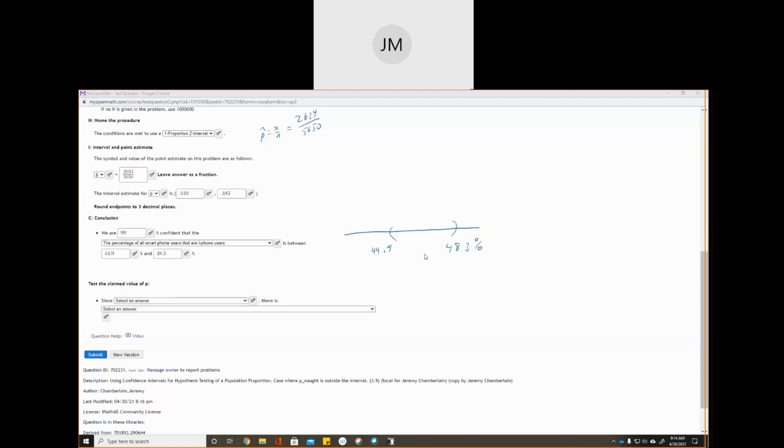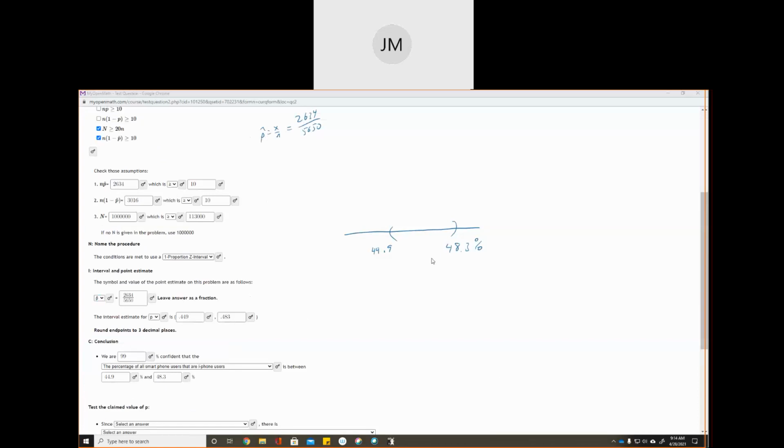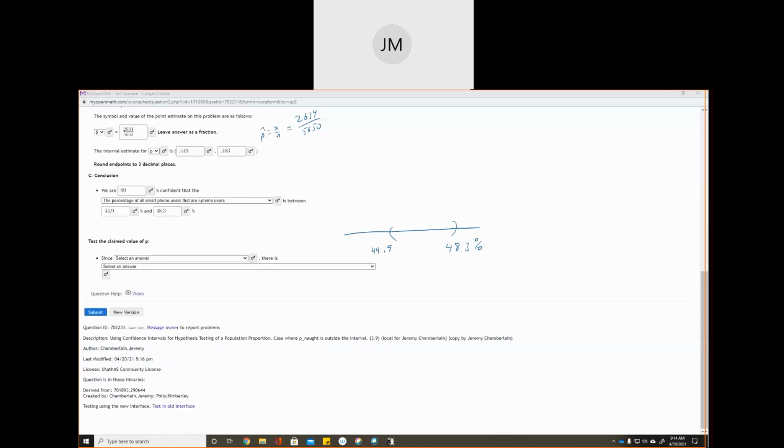In the past it was 43.5, that's just a little bit over. So we're 99% confident that the actual value of P is in here.